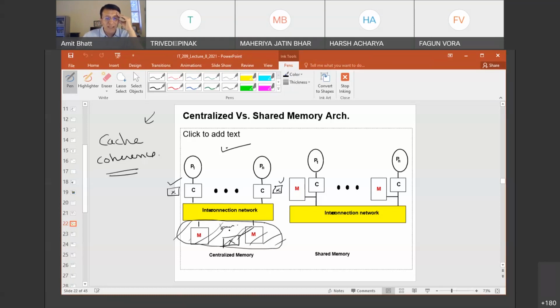So if you have 8 such memories in parallel, then you can have 8 data words going out simultaneously. So this is a centralized memory, and this is for use mainly for distributed systems. So this is like distributed computing.